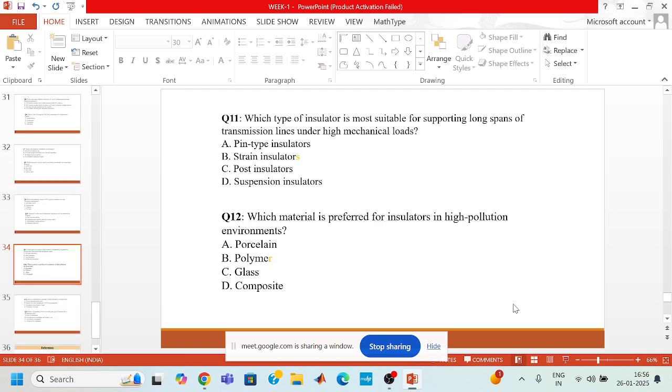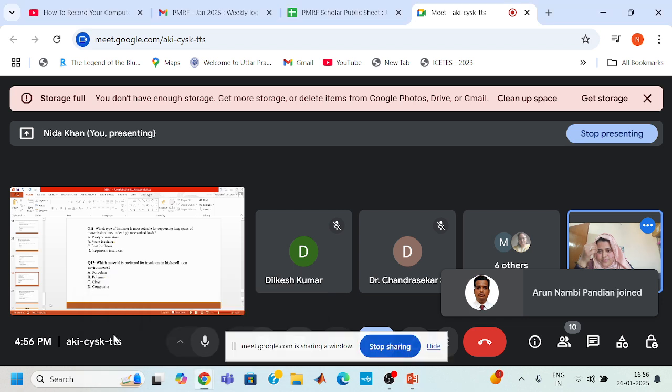Next question is, which type of insulator is most suitable for supporting long spans of transmission lines under high mechanical loads?